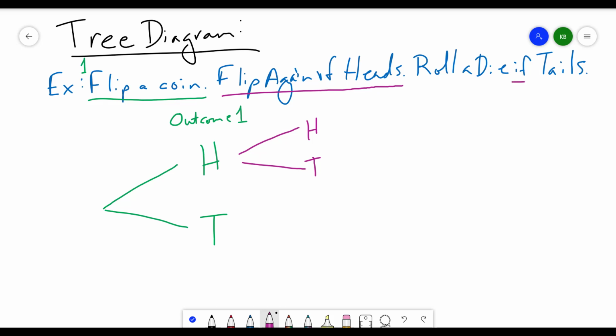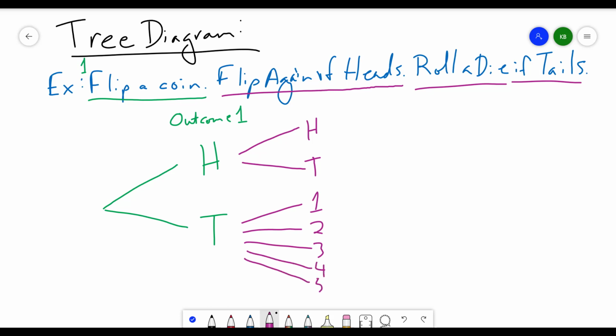And if it's tails, I'm going to roll a die instead. So for tails, I'm going to have outcomes coming out of it that are 1, 2, 3, 4, 5, and 6. So this is going to be outcome 2. This is the second part of my experiment.